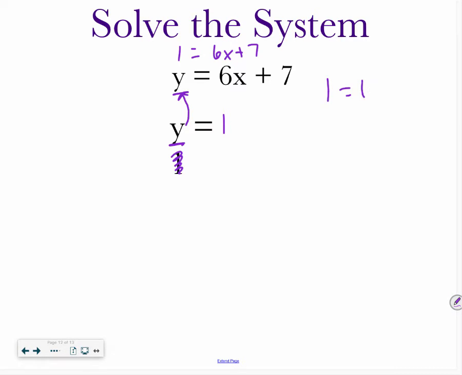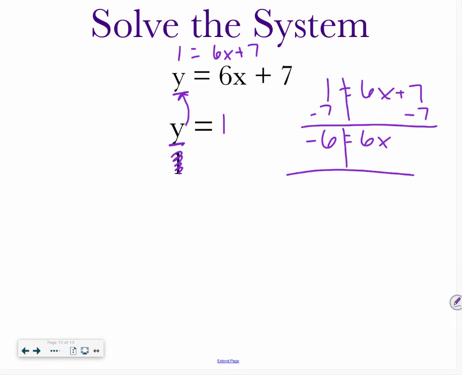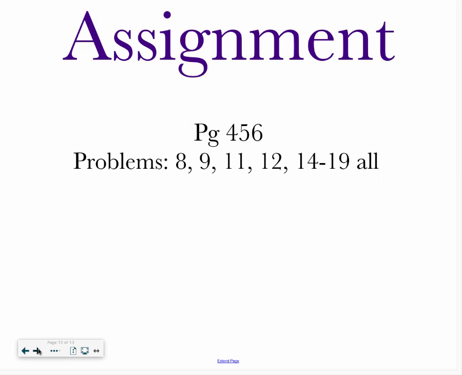Tee it up again. Let's get x by itself, so let's subtract 7 from both sides. We have negative 6 equals 6x. In order to get x by itself, we're going to divide both sides by 6. I have negative 1 equals x. So x equals negative 1, y equals 1. Okay, so all you have to do is plug things in.